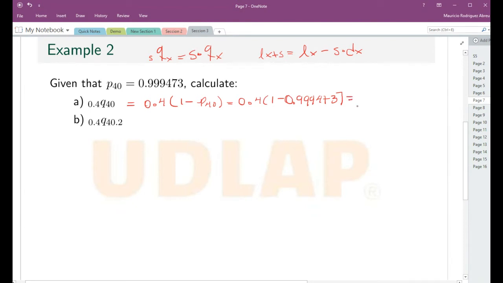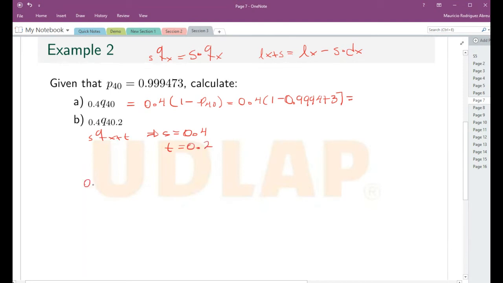Again, I don't know this number, but you can work this number out. Now, if we have this, again, we can go with the short version. Remember that this is S, and here the value of T is 0.2. And we have S Q X plus T, meaning that S equals 0.4 and T equals 0.2.